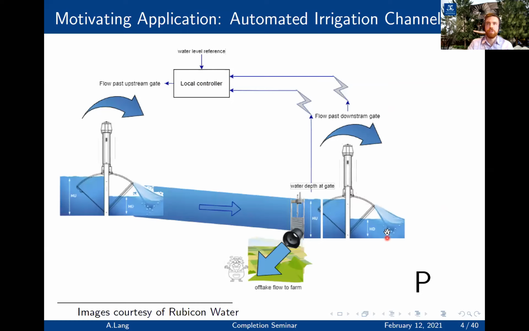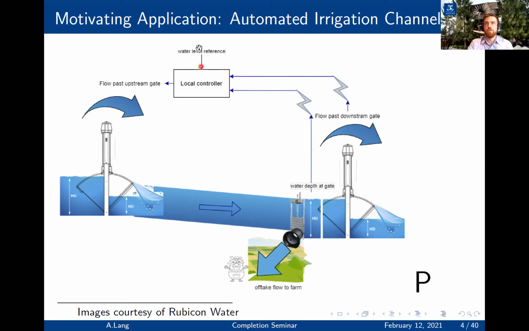So now let's look at a motivating application from open channel irrigation networks. So here the dynamical system is a channel of interconnected pools, where each pool, as depicted here, consists of an upstream gate and a downstream gate, where the upstream gate regulates the flow on the basis of low-level feedback control on the basis of the water level depth and flow at the downstream end of the pool.